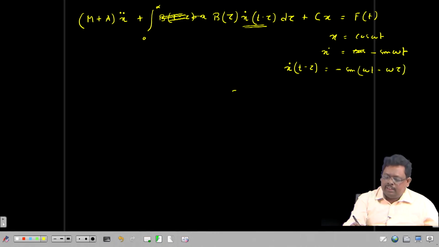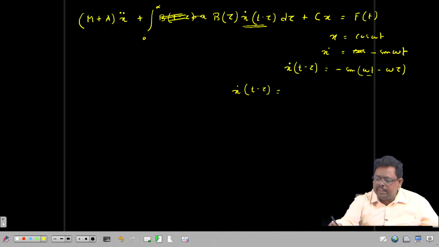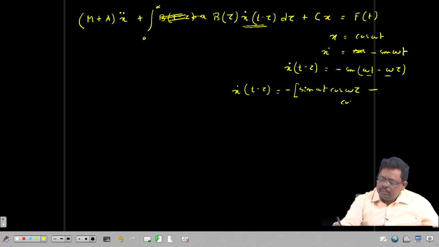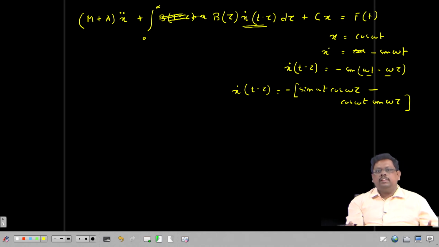So, I can again write x dot t minus tau should be equal to, using sin a minus b, minus sin of omega t into cos of omega tau, and then minus cos of omega t into sin of omega tau, right, because sin a cos b minus cos a sin b.